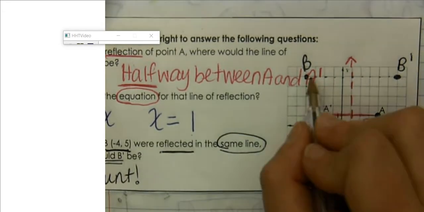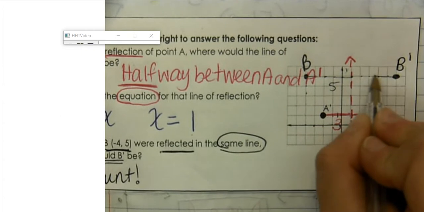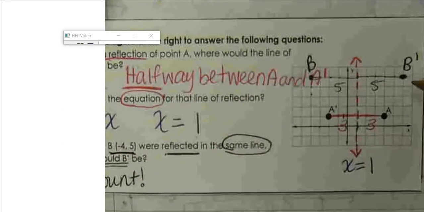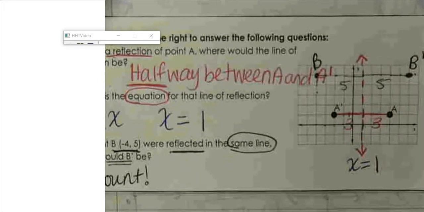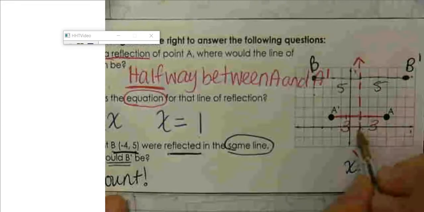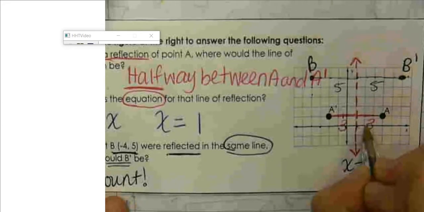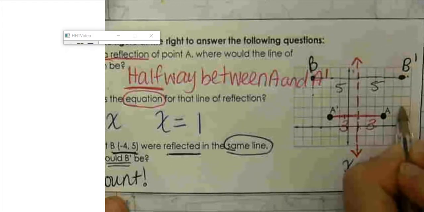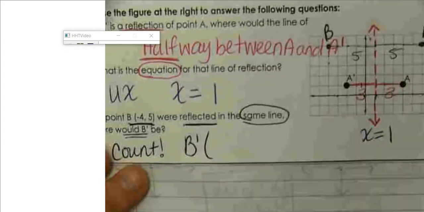Both of these points are 5 units away from our line of reflection. So let's see where B prime is located. According to this, B prime is located at 1, 2, 3, 4, 5, 6, and up 5. So B prime is located at 6, 5.